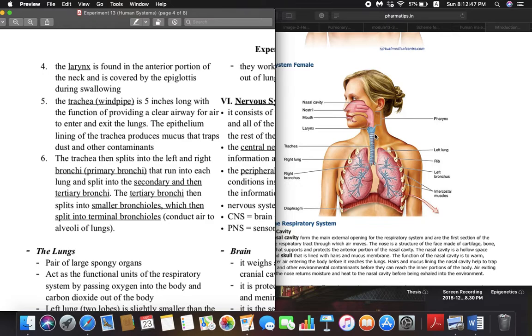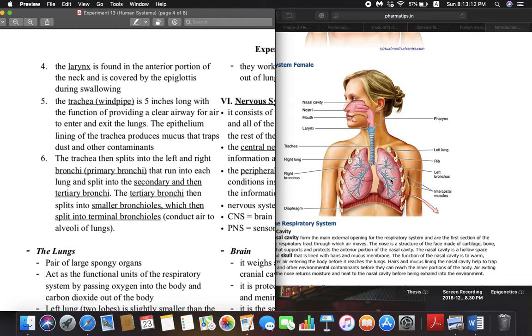The trachea, or windpipe, is 5 inches long with the function of providing a clear airway for air to enter and exit the lungs. The epithelium lining of the trachea produces mucus, and this mucus traps dust and other contaminants. The trachea then splits into the right bronchus and the left bronchus, which are the primary bronchi that run into each lung.